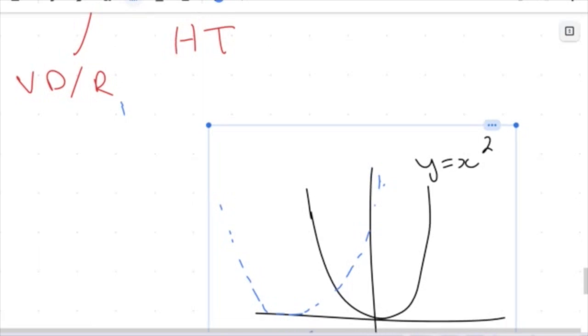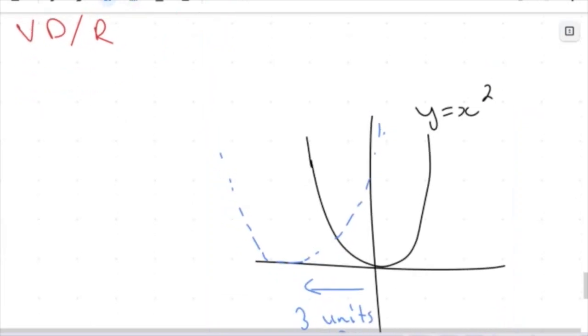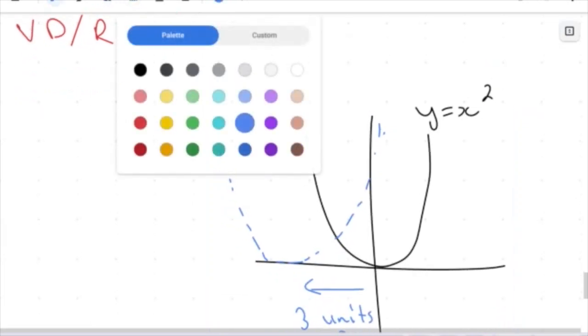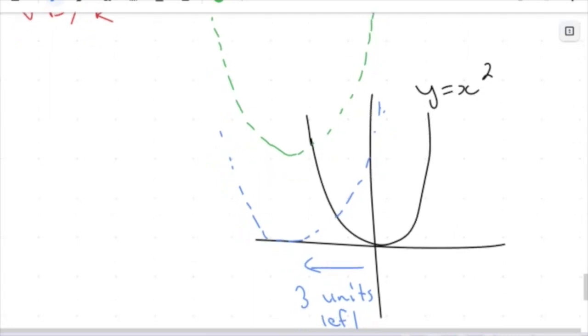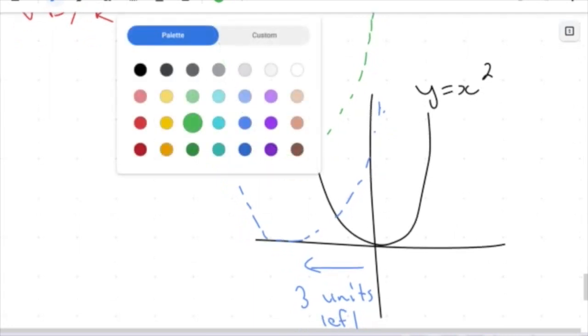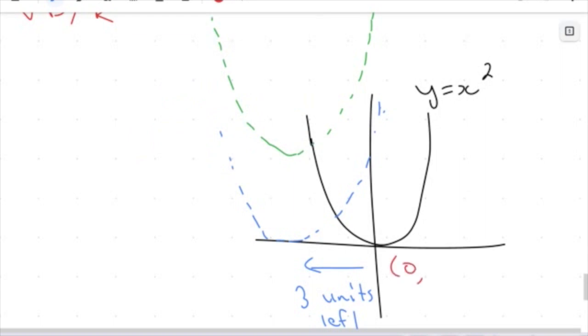Now let's put it here. Now I want to go 6 units up. So that's going to look something like this when I end up transforming it fully. So if we look, my turning point has gone from 0, 0. It's gone 3 units to the left, which gives me minus 3 in the x, and then still 0 in the y.